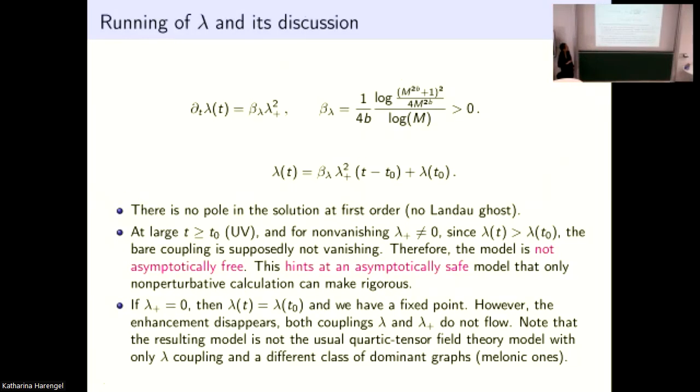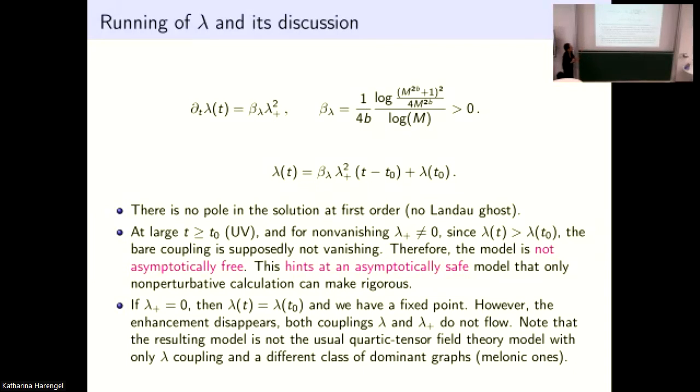Let's look at it a little bit. The observation is that there is no pole in the solution, so there is no lambda ghost. At large T, at the UV scale, if lambda plus, the enhanced coupling, is non-vanishing, then lambda at T is bigger than lambda at T naught, where T naught is some IR reference scale.